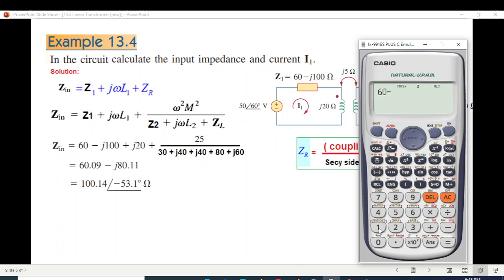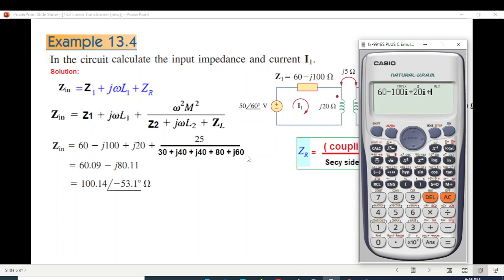So minus 100, and instead of j we'll write i. So this is i. Then 100i plus j20, that means plus 20i.